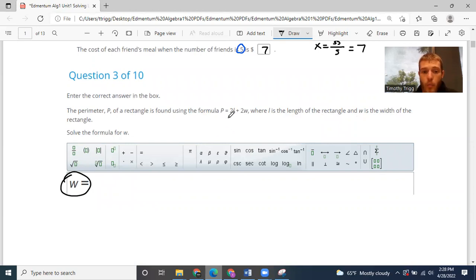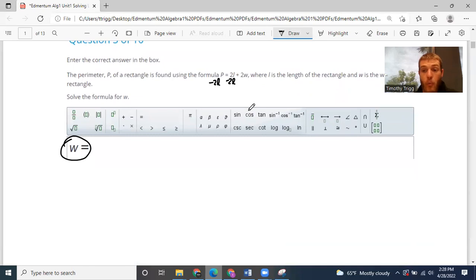So our goal is to get W by itself. All right. Well, the first step here, I would subtract 2L from both sides of the equation. Notice I write my L's with a little loop. That way I don't confuse it with a 1. Okay. So on the left side, we have P minus 2L equals, now this 2L and minus 2L, those cancel.